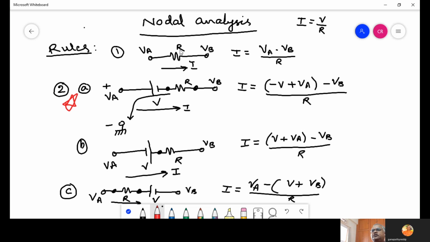So in nodal analysis, a branch may contain only a resistor, or a source with a different polarity, the source may be on the other side, a branch may contain a current source followed by a resistor, and so on. All possible cases we discussed. Now I have written the current expressions. When we are solving a problem, any branch will come under one of these categories. Like that we can solve problems easily. Now I stop here, continue next class solving a problem.